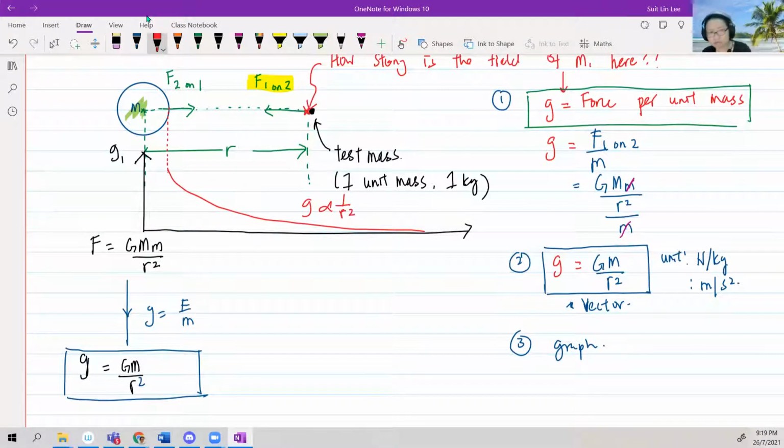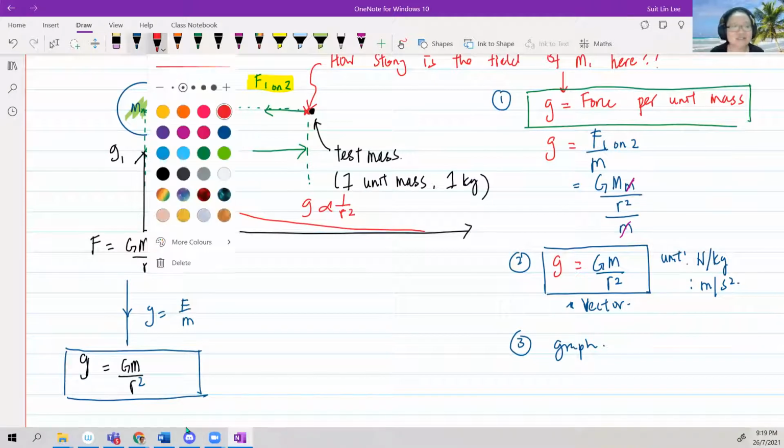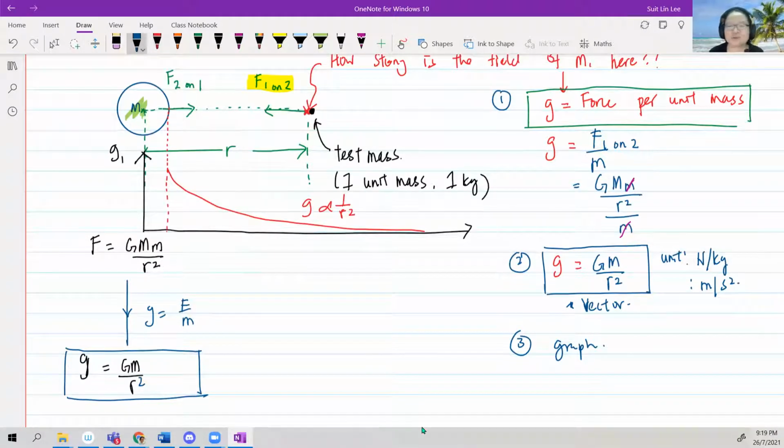So I get an inversely proportional curve. Teacher, what about inside? Inside how? Wait, that one, wait first. Extension, extra. Not clear if in syllabus, so I teach extra. Okay, so graph, normally you graph 1, but maybe 1 mass or 1 planet or 1 star, maybe you need to graph 2 as well. We will draw that later.